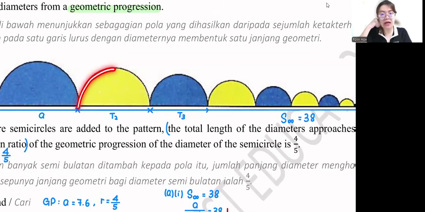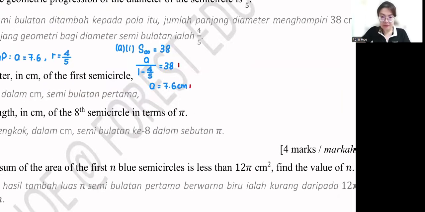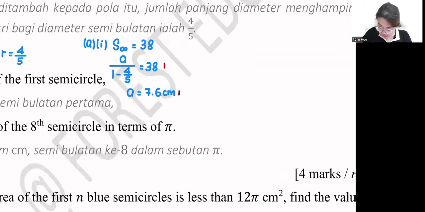So when you are asked to find out the arc length, I need radius. When I need radius, I need to know the diameter. I need to know the diameter of the 8th semicircle.